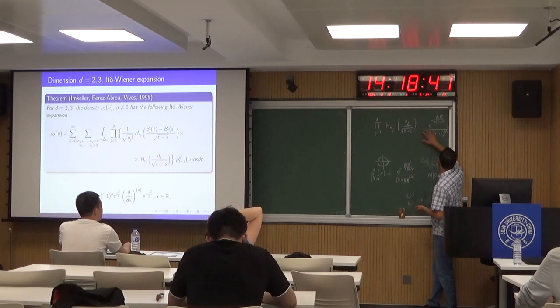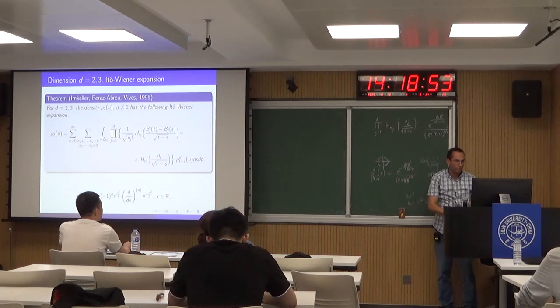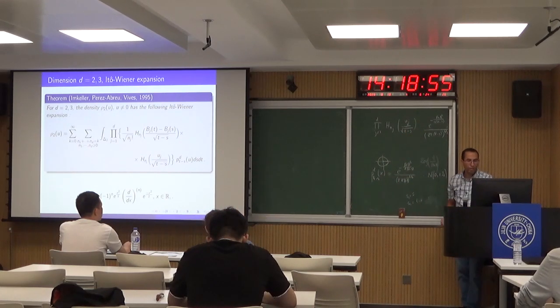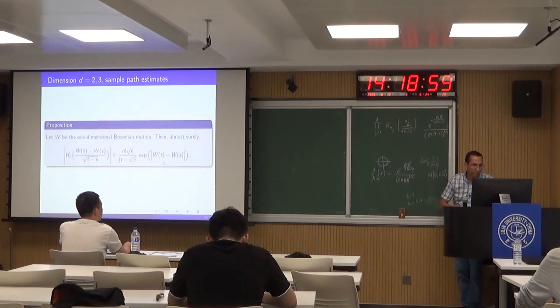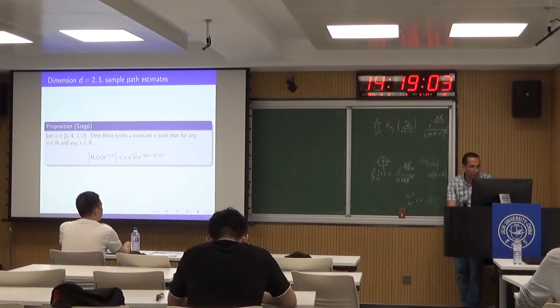If you write this as a product, of course, then you will have the exponent of minus u_j squared divided by 2(t minus s) with each sum of these terms. I mean that this whole expression will be exactly a product of this kind of expression.